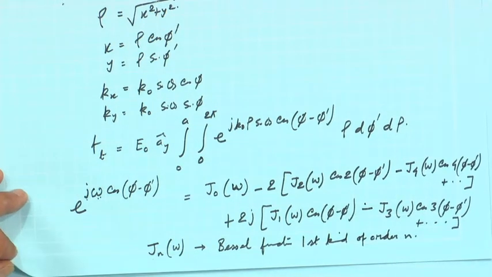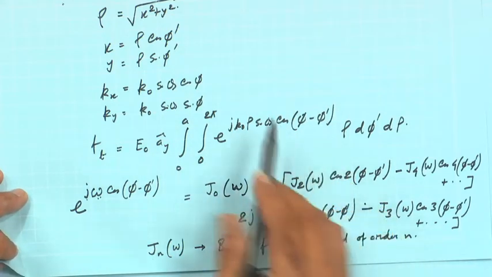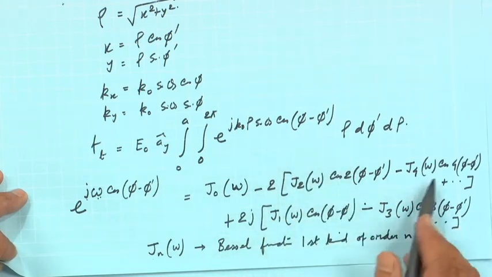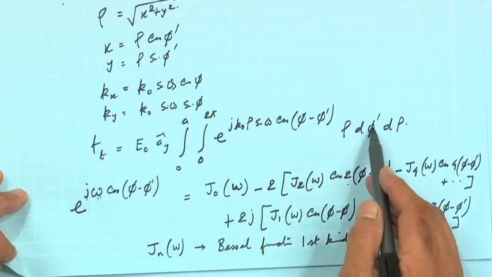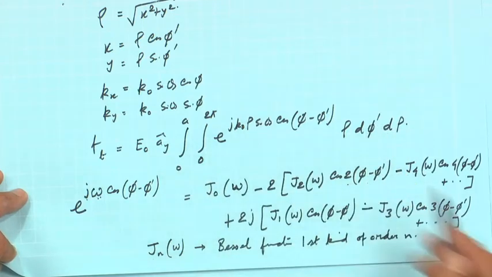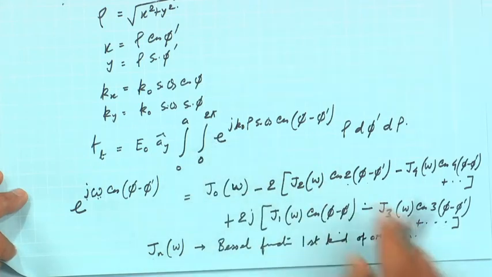Now, if I put it here, fortunately the integration of cos 2(phi - phi dash), where phi dash is varying from 0 to 2 pi, and cos 4, so everything from 0 to 2 pi integration becomes 0.